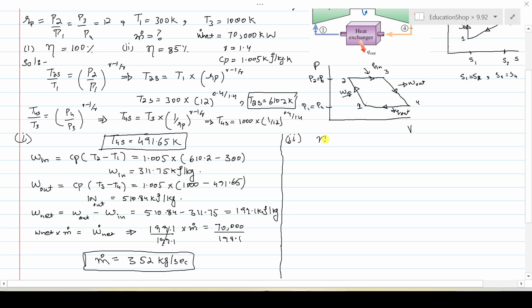In the second case, when the isentropic efficiency is 85%, the isentropic efficiency of the compressor is 0.85 and the isentropic efficiency of the turbine is also 0.85. In case of the compressor, the isentropic efficiency is equal to isentropic work input divided by actual work input. I will represent the actual terms by writing A on top. So the actual work input will be equal to isentropic work input divided by isentropic efficiency of the compressor.